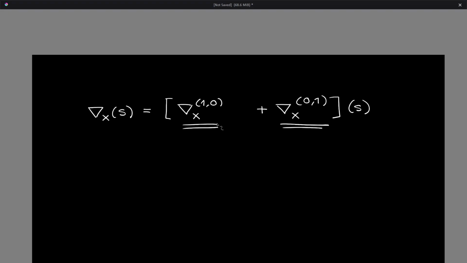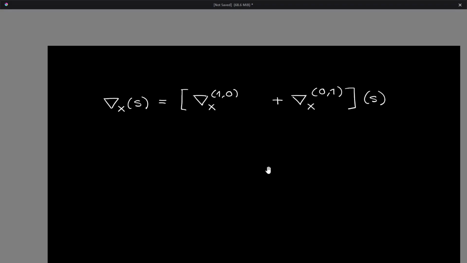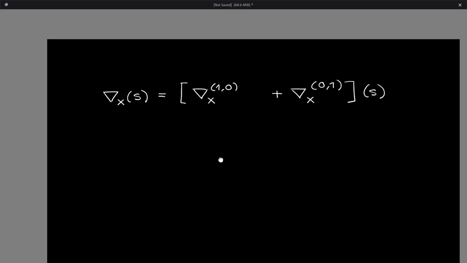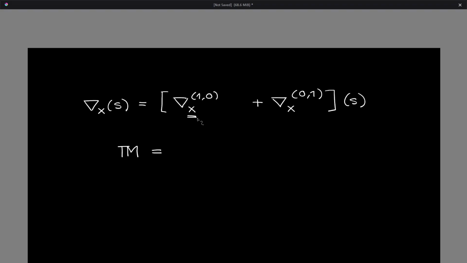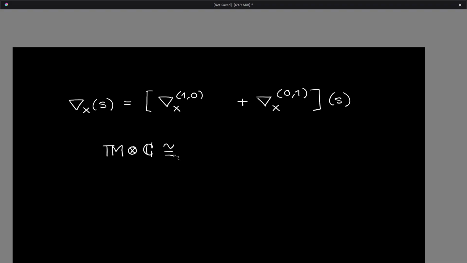So I got into thinking, what is it about X being anti-holomorphic that is important here? The reason that X being anti-holomorphic zeroes this out is because, look at it this way. This has to be a tangent vector field, remember? If this is the tangent bundle, then remember that the complexified tangent bundle is isomorphic to T10 M, the holomorphic tangent bundle, direct sum with the anti-holomorphic tangent bundle.